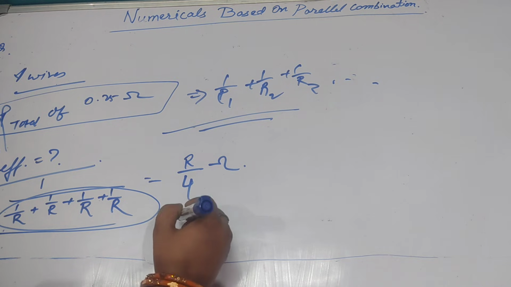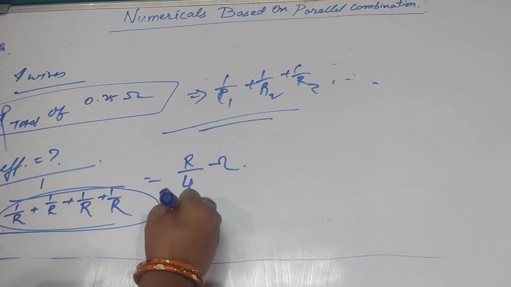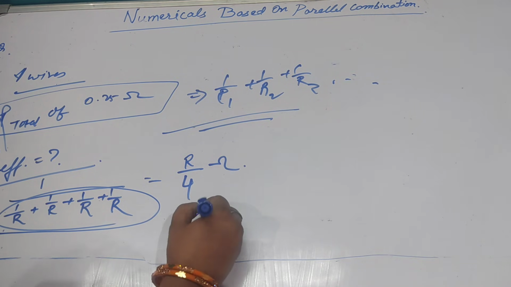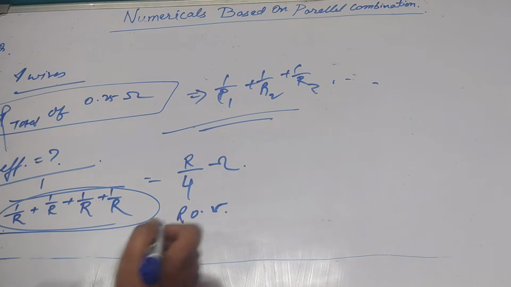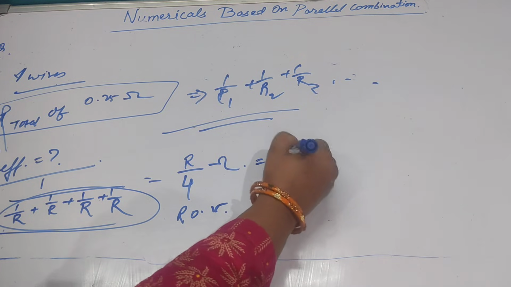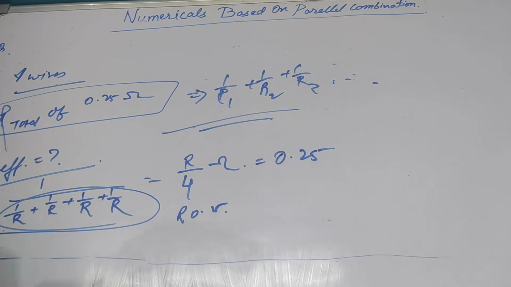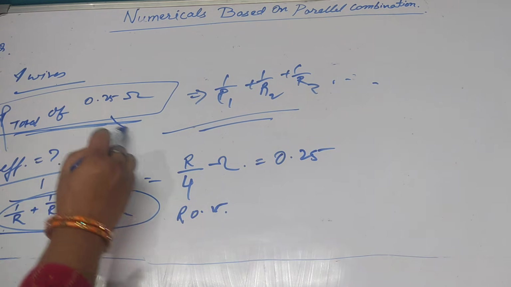It is previously given that we have to put R as 0.25 ohm for 4 similar wires connected. So we directly write it.